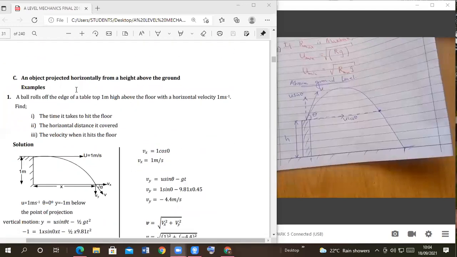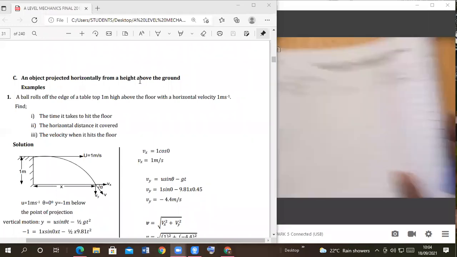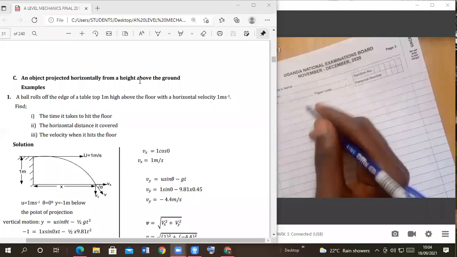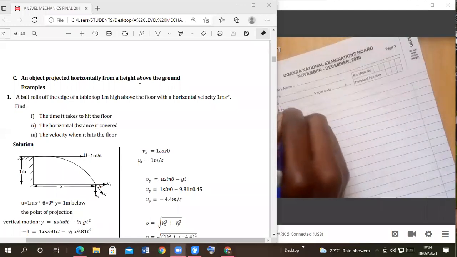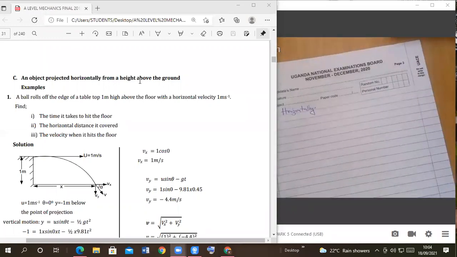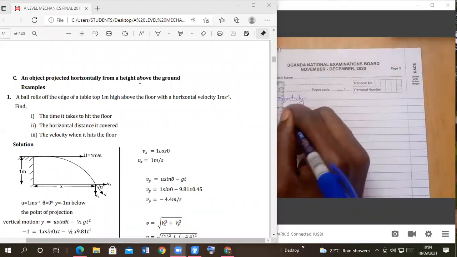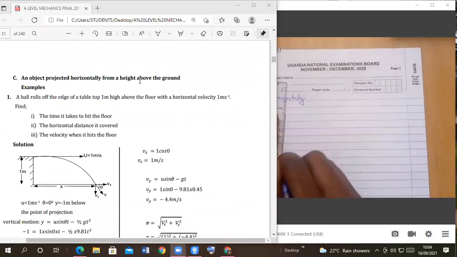What about when the object is being projected horizontally from a given height? How does that look? So the body is projected horizontally from a given height here.